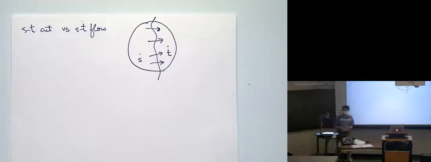Some cut, doesn't matter, it's some cut. What can you say about the flow given the value of this cut? Does the question make sense? Can you send more flow than this cut value?